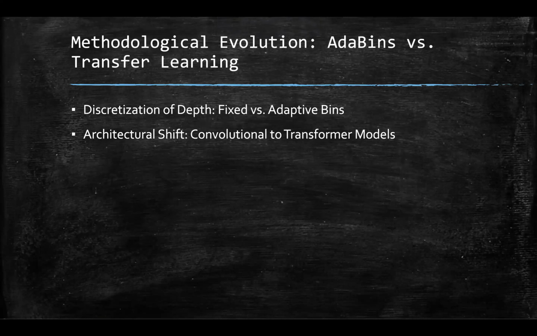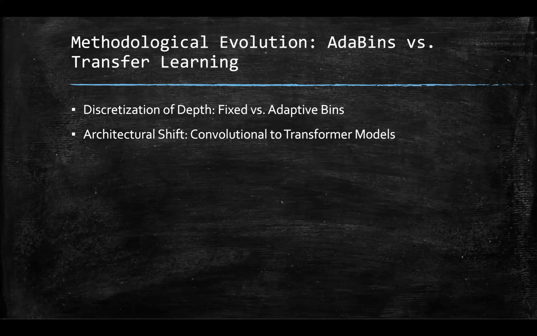Oh yeah, I forgot to comment. The transfer learning approach often relies on fixed size bins. As I said before, AdaBins challenges this by introducing an adaptive binning strategy, which creates bins of varying sizes based on the scene's content, allowing for a much finer depth resolution where it's needed the most.